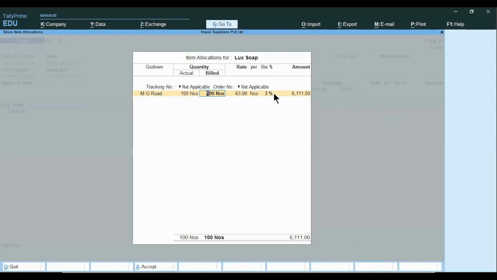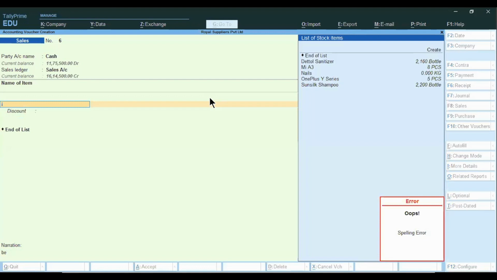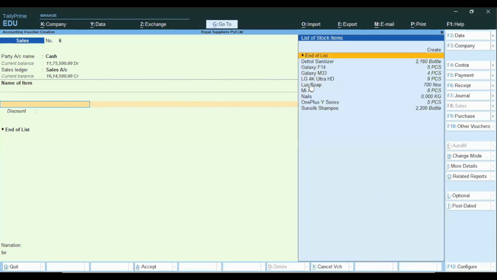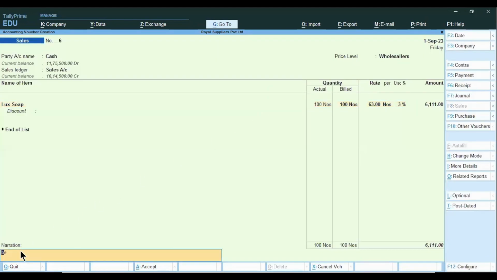So discount and rate have changed depending on the quantity that we are selling. So press enter. Being goods sold.